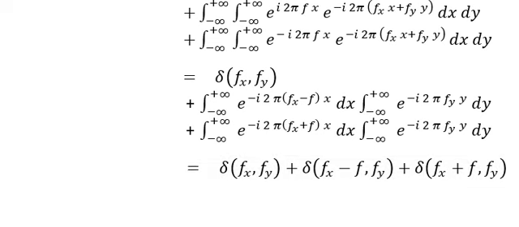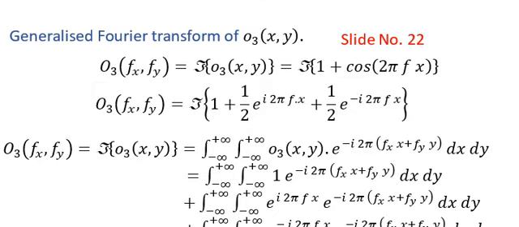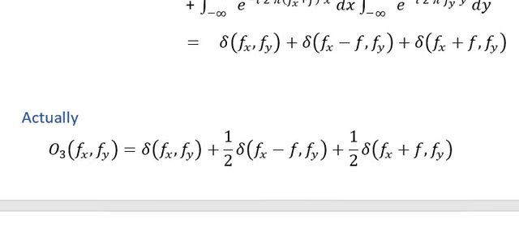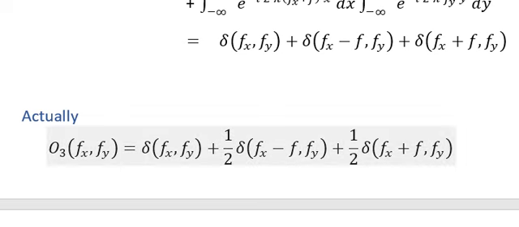Since we have dropped the half factors over here, this half factor and this half factor, in the calculation of the Fourier transform, we are plugging them back. So the original Fourier transform of the object O3 will be equal to capital O3 in the Fourier variables fx and fy, is equal to delta of fx comma fy plus the contributions from the two integrals with exponentials of the cosine function.